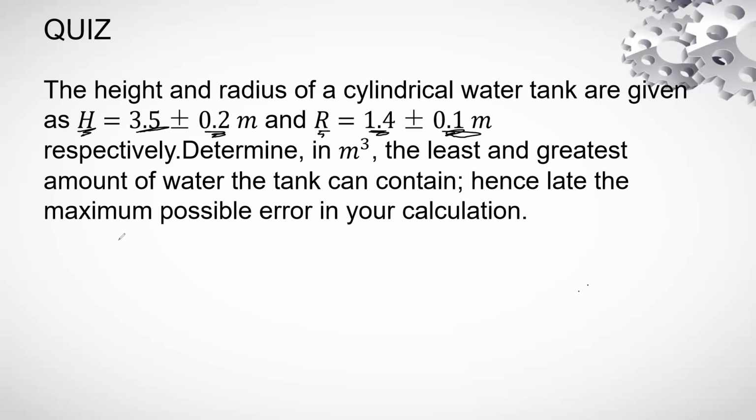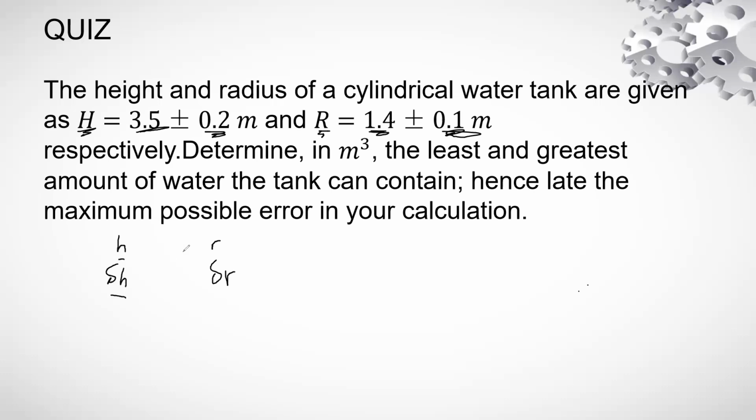If that is the approximate value, then let the actual values be small h and small r, and the errors respectively delta h and delta r. So I want you to play around with these definitions or unknowns.